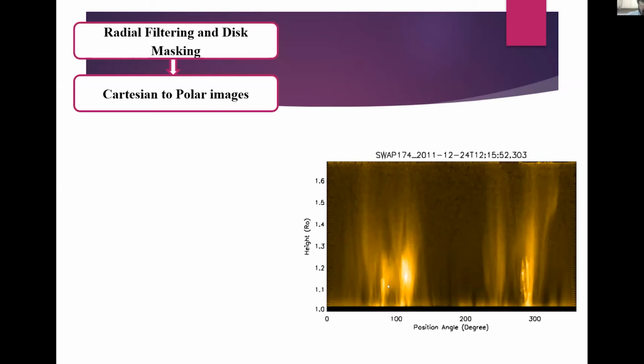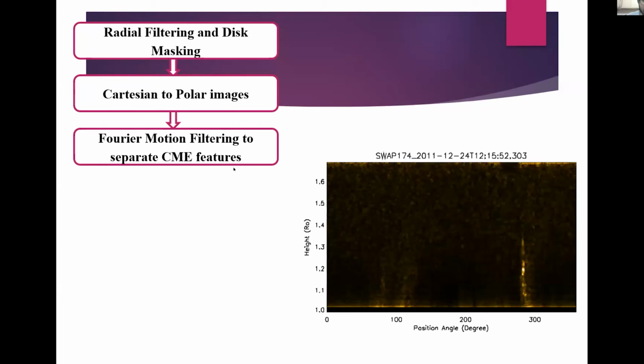In the inner corona there are different features such as coronal loops, which overshadow the eruptions. You can see on the right-hand side there's an eruption, but there are other structures which are equally bright. So we employed Fourier motion filtering, which has been widely used and mentioned in DeForest et al.